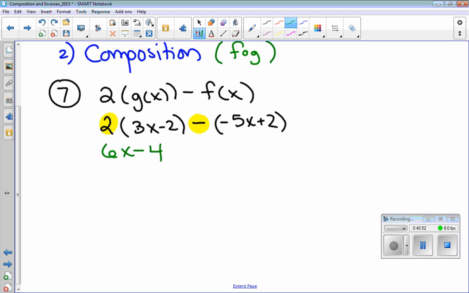Maria, why do I have that negative highlighted? Good. Good. Matthew, tell me what I get when I distribute the negative. We're on the negative. Tell me what I get.